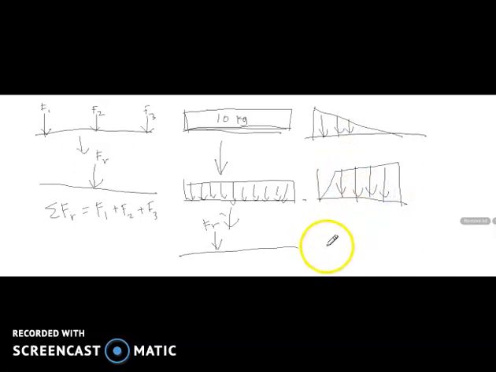So how do we find the resultant force if the force exerted is a distributed force like this and this one? What we need to do first is map the distributed load on the axis.